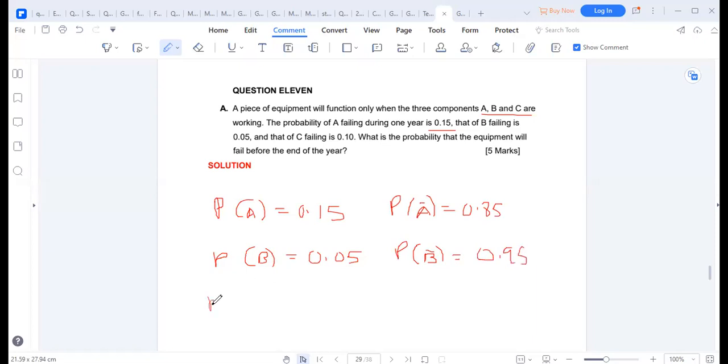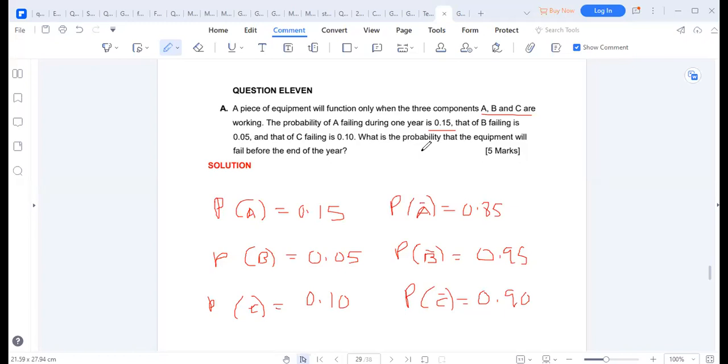Then the probability of C failing is 10%, which is 0.10. So what is the complement of C? 90%, which is 0.90. Now, what are we doing?